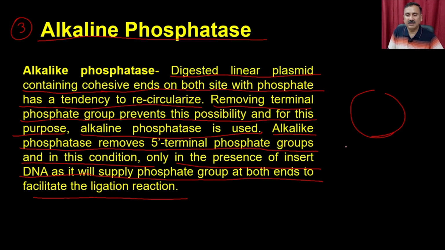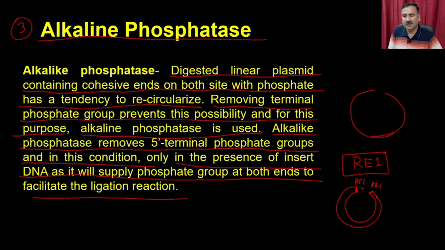So alkaline phosphatase is being used in those places when you are only using a single restriction enzyme. You are not using two restriction enzymes. In that case, both the ends of the DNA are going to have the cohesive ends, which is going to have the RE1 on both the sides. So if you have RE1 on both the sides and you have the phosphate, they will recircularize themselves, even without the insert.